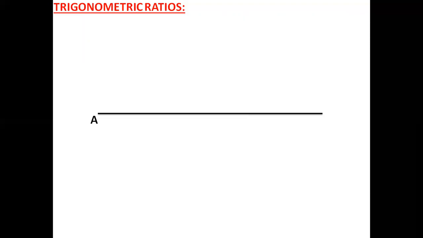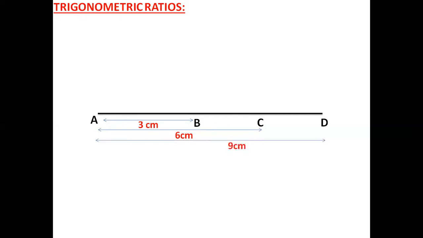Now you take a point B on the horizontal line at a distance of 3 centimeters from A. Again, you take another point C at a distance of 6 centimeters from A. And also you take another point D on the horizontal line at a distance of 9 centimeters from A.